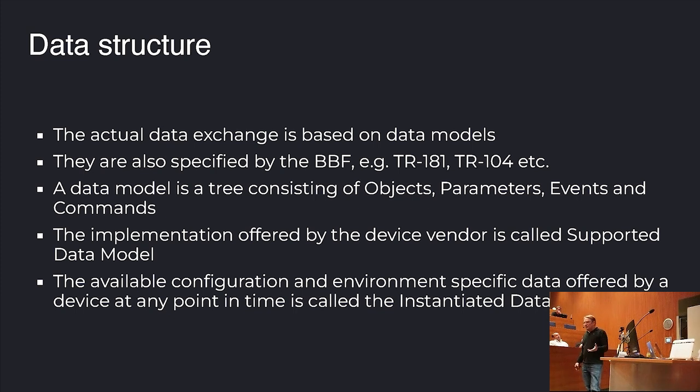Those data models basically describe the data that you can use on the device. You can configure it if you have the provisioning use case, but also if you have a monitoring use case, you can retrieve it from the device to get the current state or information about the operation, so what's going on. That's the relevant information that we actually want to retrieve.